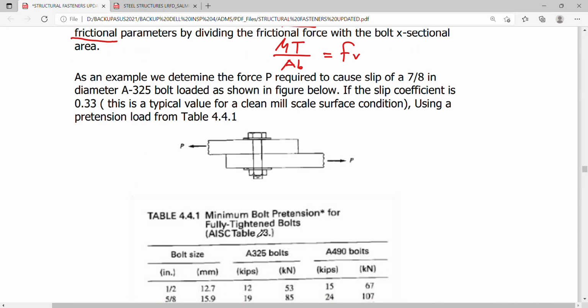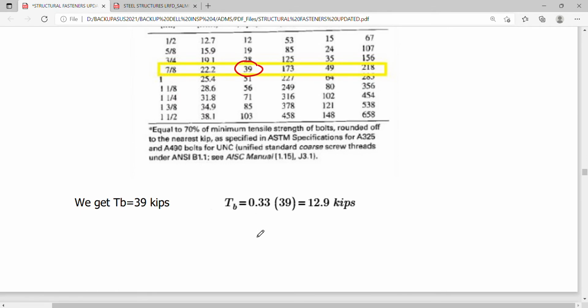Okay, so we simply multiply the coefficient of friction mu k with that of the minimum bolt tension based on the strength of the bolt and also the proof load test. So we get mu k times T, we get the 12.9.